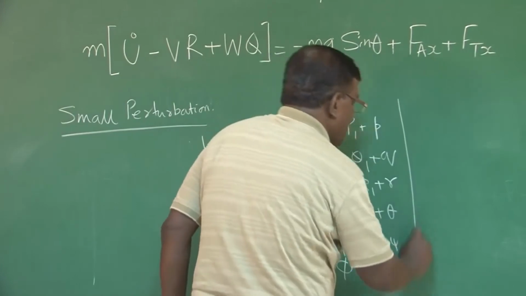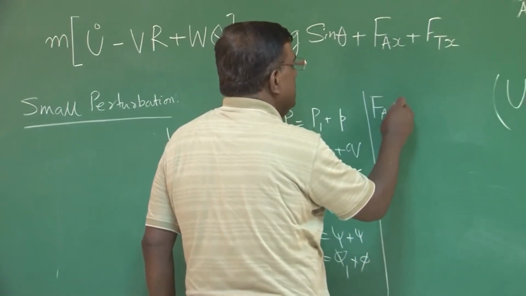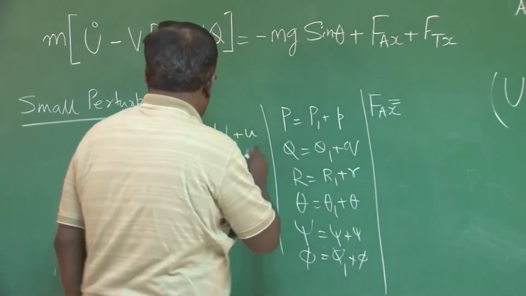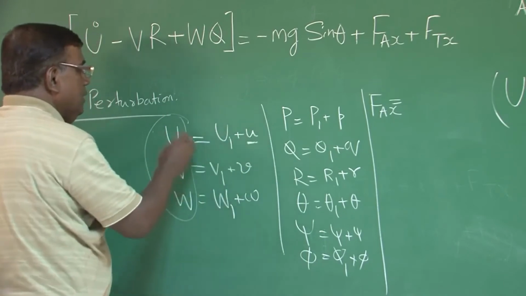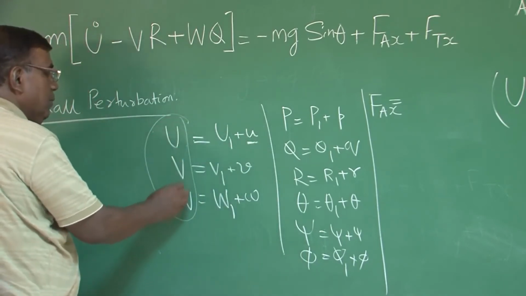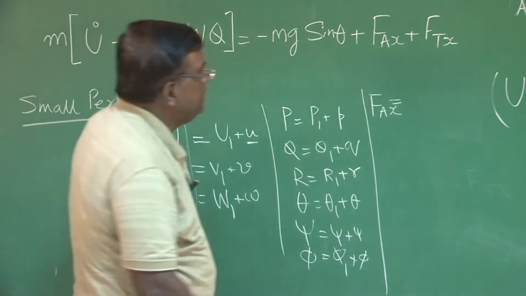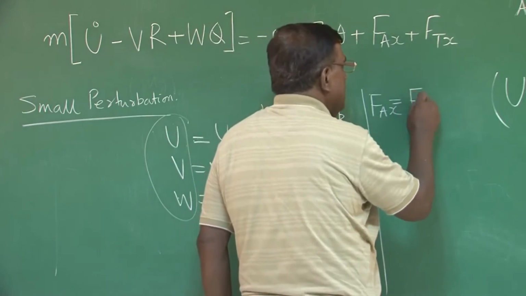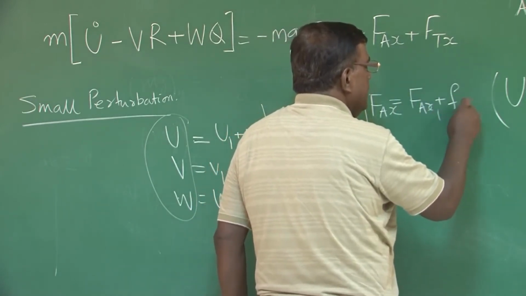Second thing, on the aerodynamics part, we will say FAX. On the left hand side, I hope you understood, after introducing the perturbation, what is the total velocity u, v, w in their respective axes x, y, z. So, FAX again I will write as FAX1 plus small FAX.